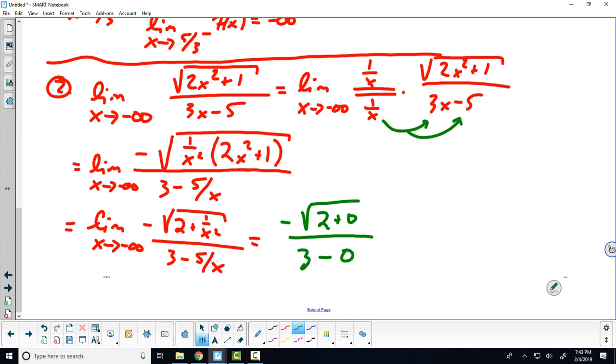Everyone see this step to this step? Okay with that? So, we're taking the limit as x approaches minus infinity of minus the square root of 2 plus 1 over x squared, over 3 minus 5 over x. I'm now going to distribute the limit to both the numerator and the denominator.